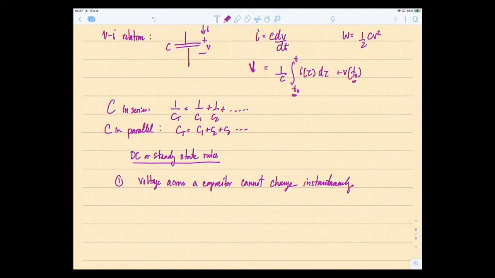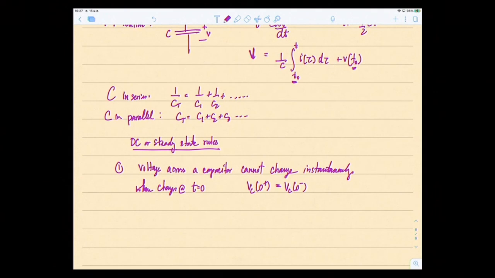So if there's a switch, if there's a change at t equal to 0 in your circuit that has a capacitor, VC at 0 plus is equal to VC at 0 minus. Think of your phone battery, your good battery in your phone. You fully charge it, you plug into your socket. When you pull it out, the voltage in your battery still stays the same, it doesn't decrease right away as you pull your phone out of the socket.